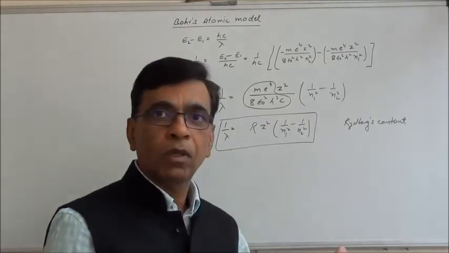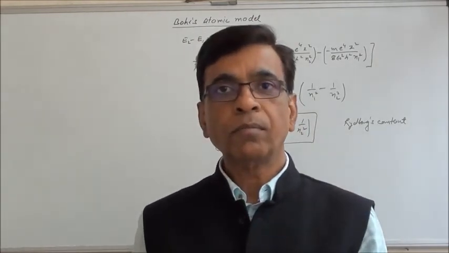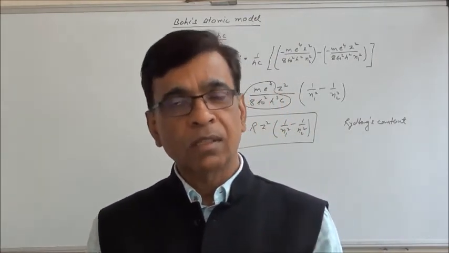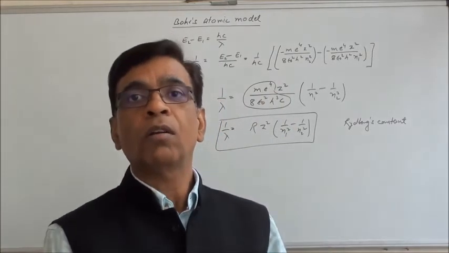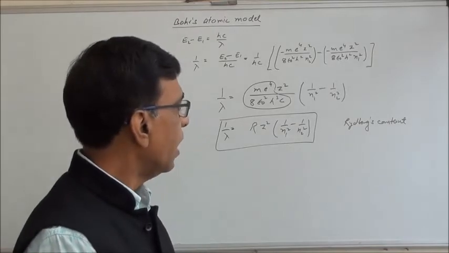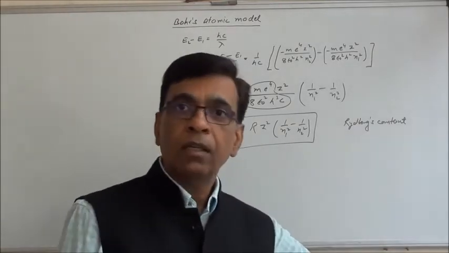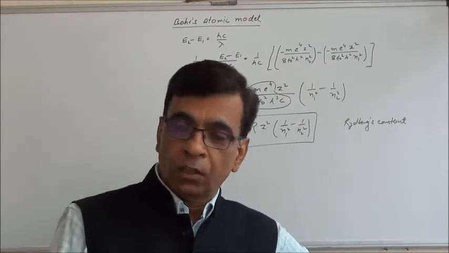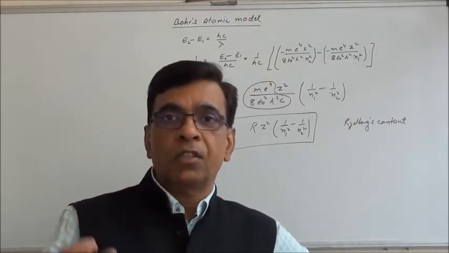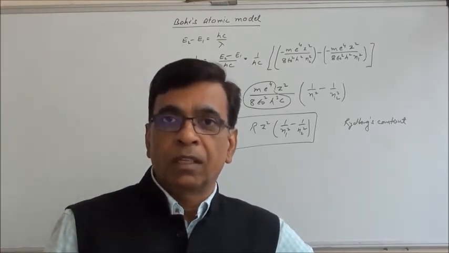What is the way of getting the spectrum? Take hydrogen gas in a sealed flask. We can heat it, or we can do an electric discharge, but any method will do. Then the atoms are excited, and electrons move to higher energy states. While coming back, they give out energy in the form of electromagnetic radiations.